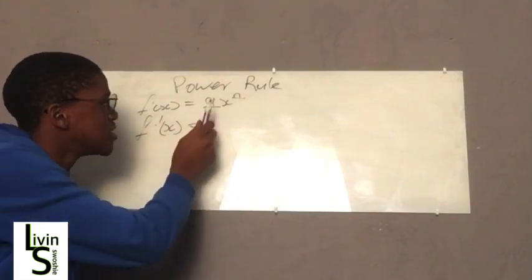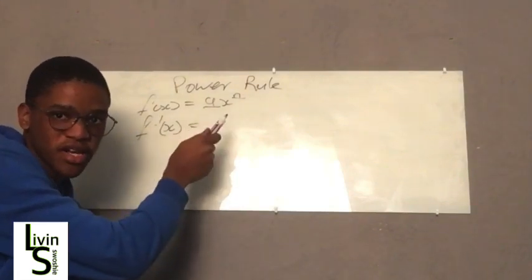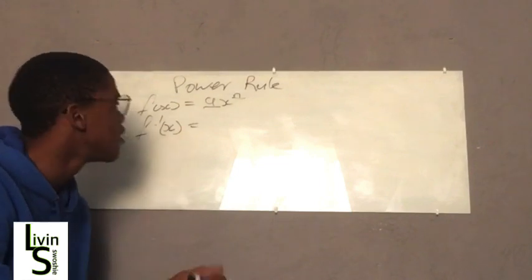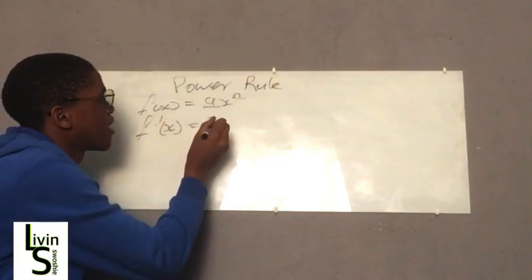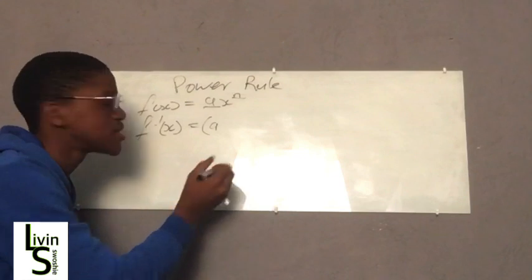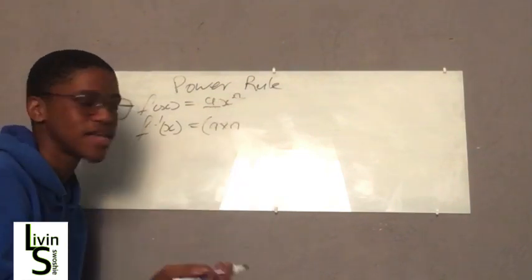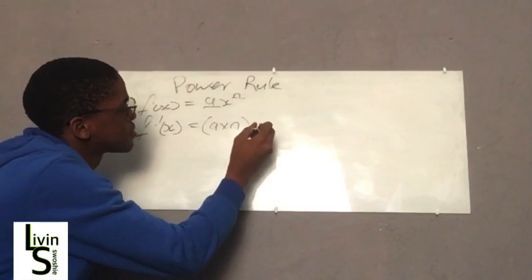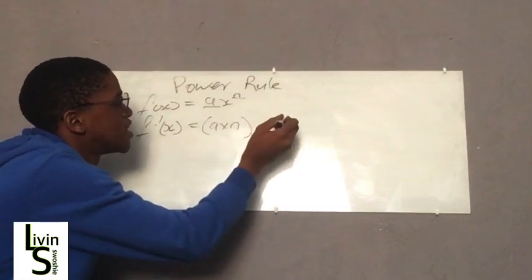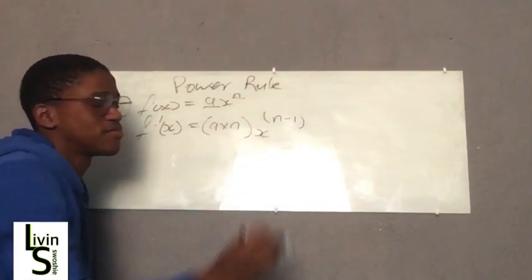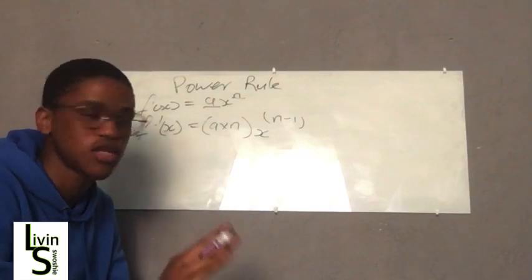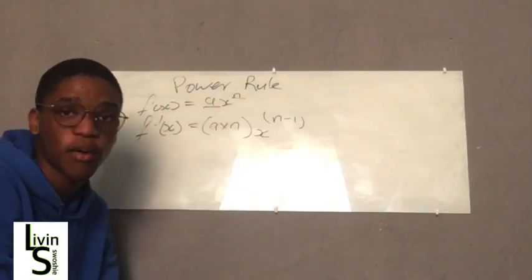Base times exponent minus 1. So you have something like a, which is our base in this case, times exponent n, which is our exponent in this case, x to the exponent minus 1. That is all we are doing here when we are using the power rule.